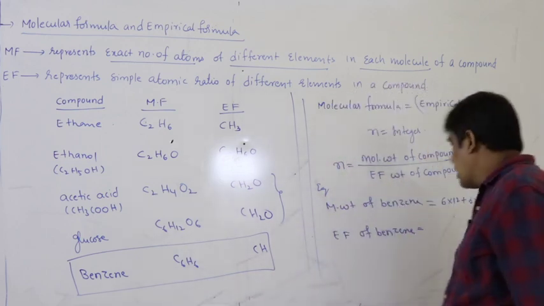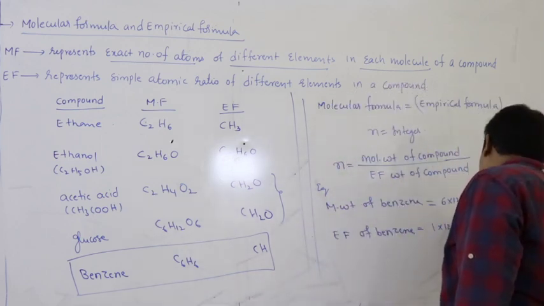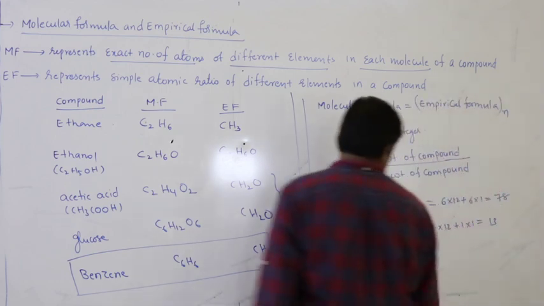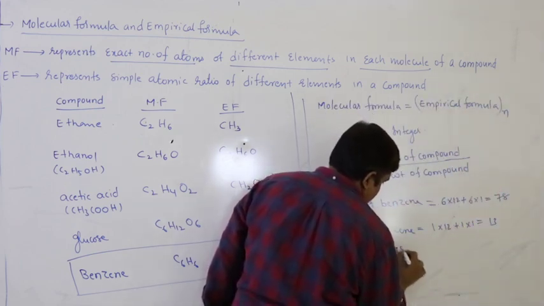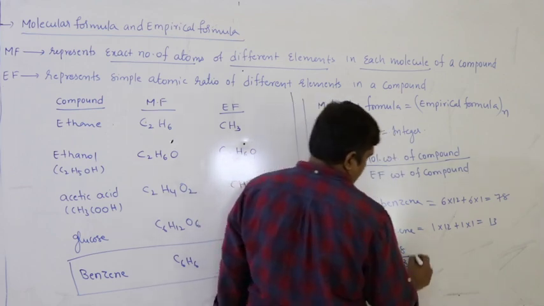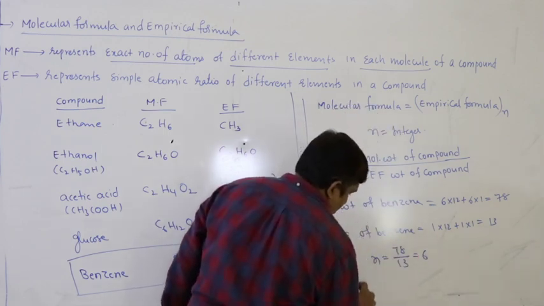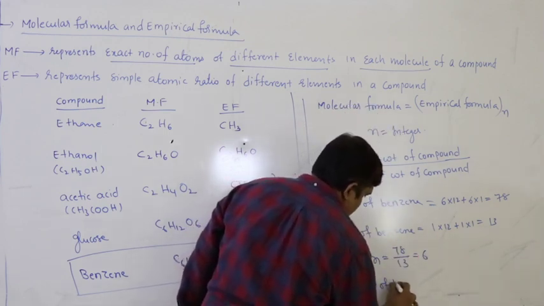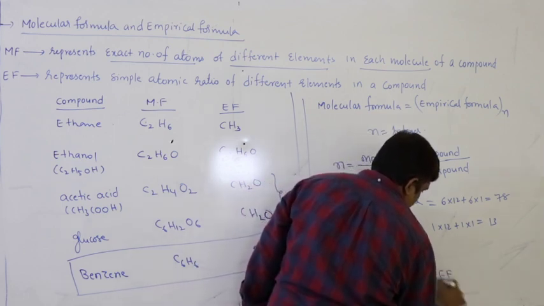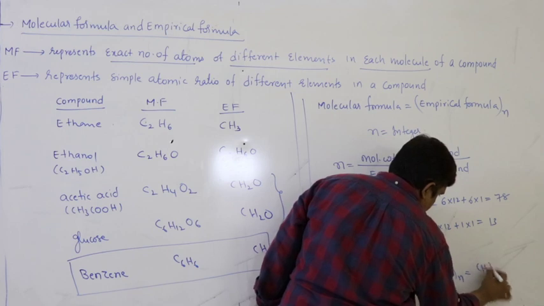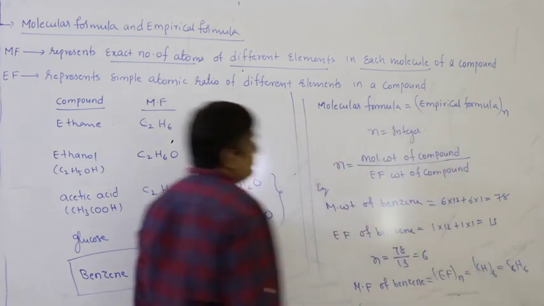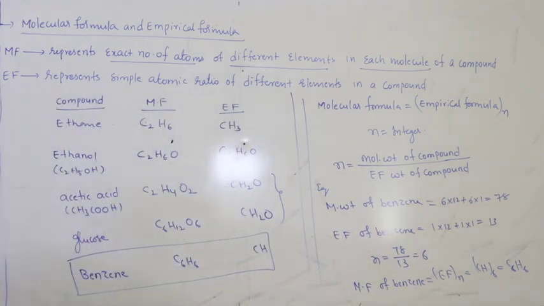CH, 1 carbon, 1 into 12, 1 hydrogen, 1 into 1, you will get 13. So N equal to 78 by 13. 6 3 is 18, 6 1 is 6. So you will get 6. So molecular formula of benzene is equal to empirical formula by N, that is CHN equal to C6H6. That is how you have to calculate.